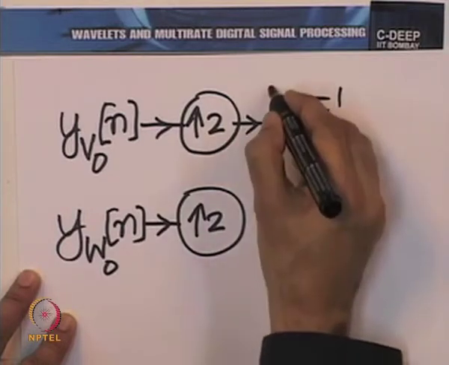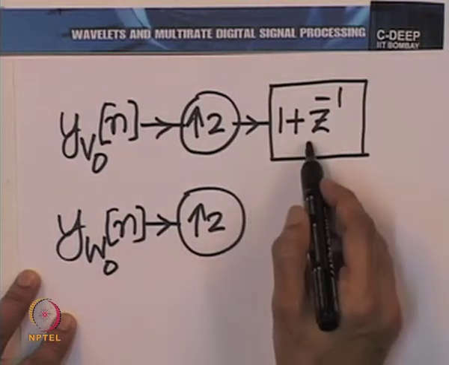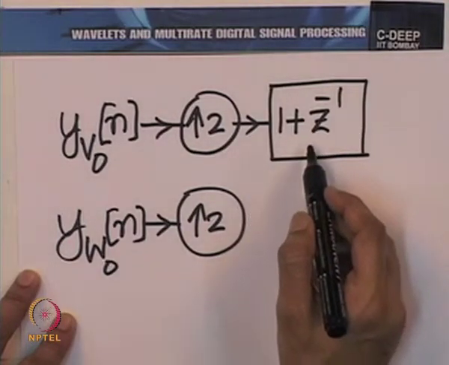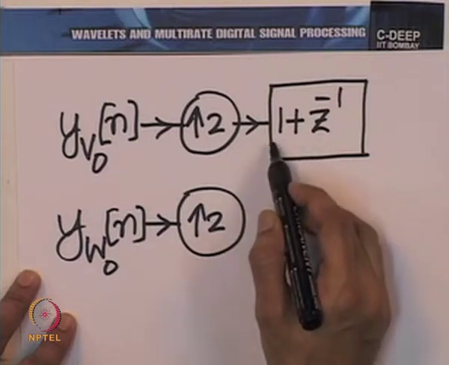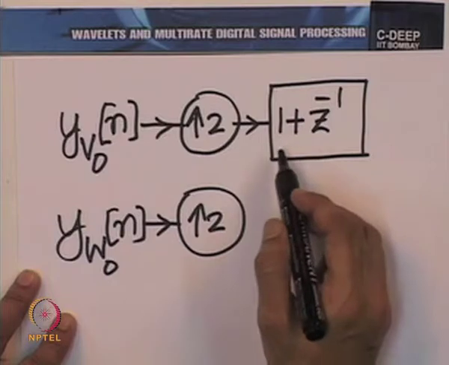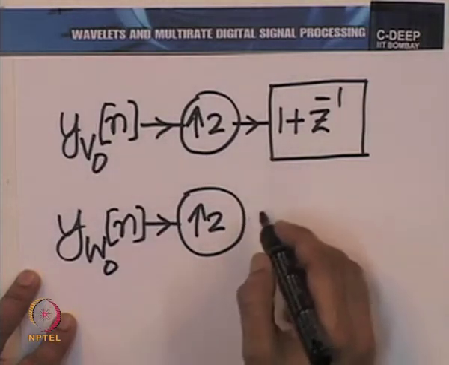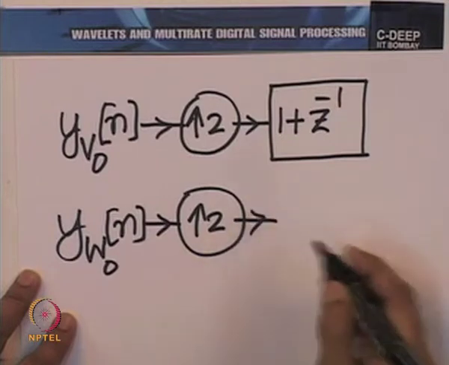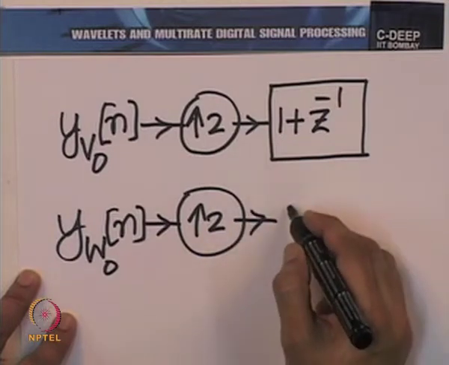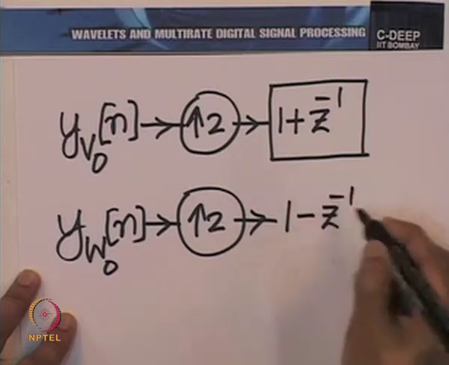Remember, this is the filter where the output B n and the input A n are related according to B n is A n plus A n minus 1. And here I subject this to the action of the filter 1 minus Z inverse.